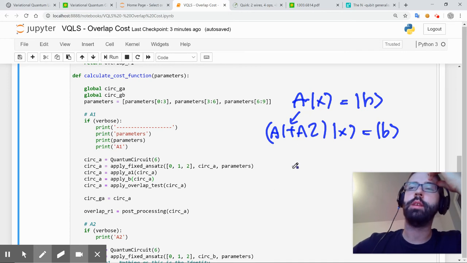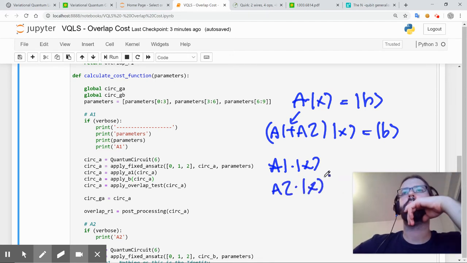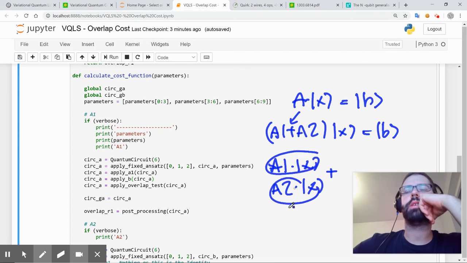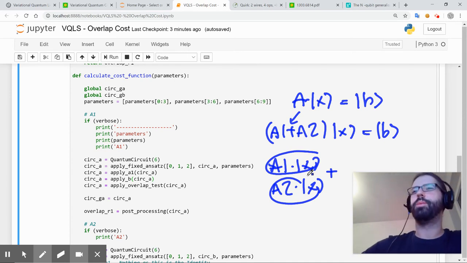If one is the identity, then because then it literally means that A1, A2, the sum of those should be B. So the separate overlaps don't really help me. Maybe that's the reason it doesn't work.